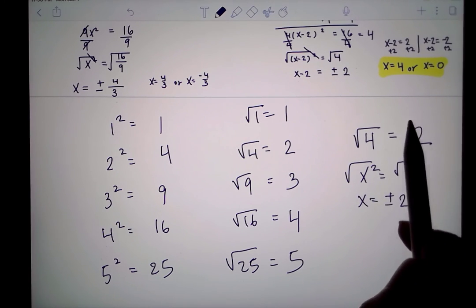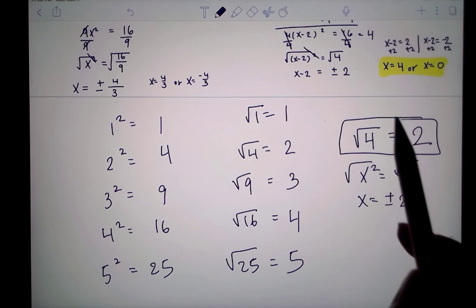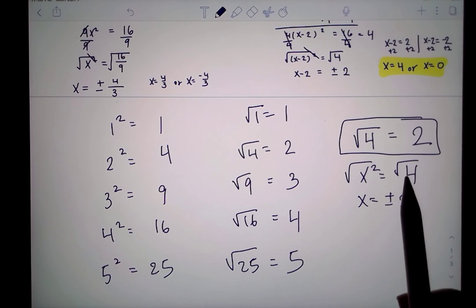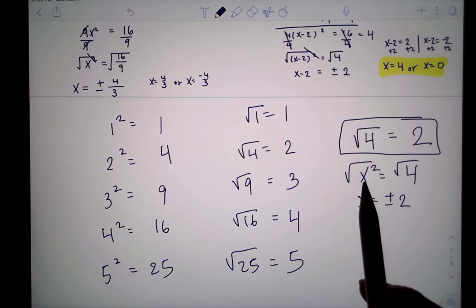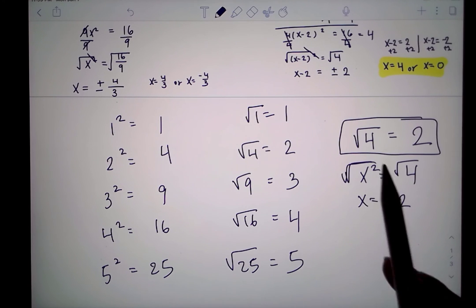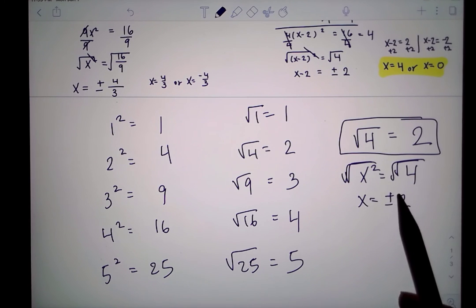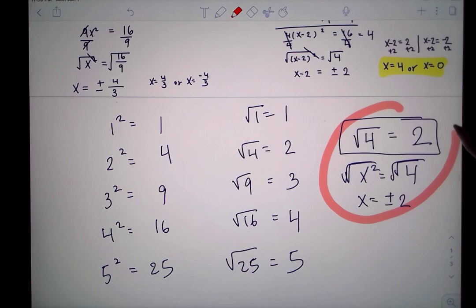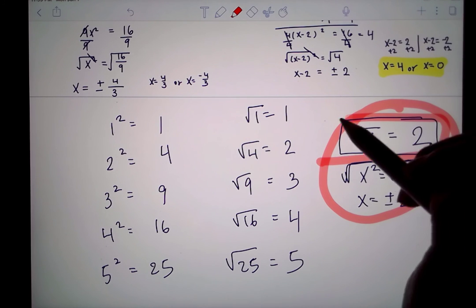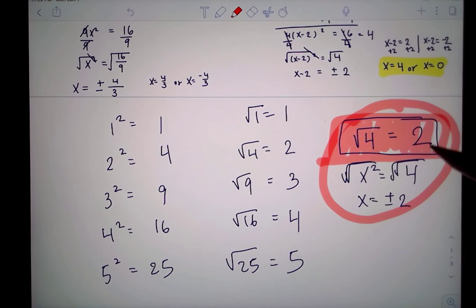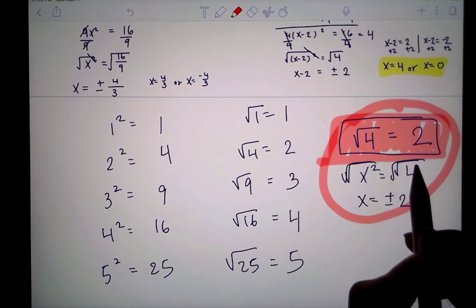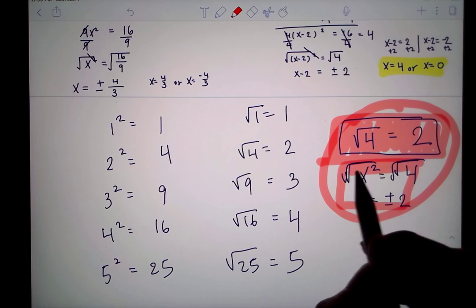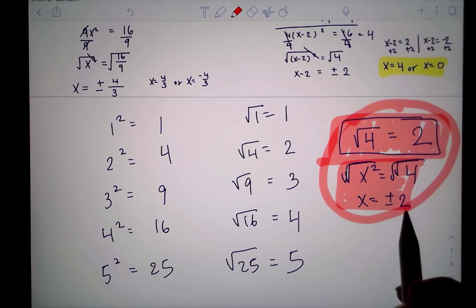So when you're just getting the number, with no x, then you don't put plus minus. If you have x squared and 4 and you take the square root of both, then you get positive, negative. Don't get confused with that. The square root of 4 is 2, but if you're solving this, then that is positive, negative 2.